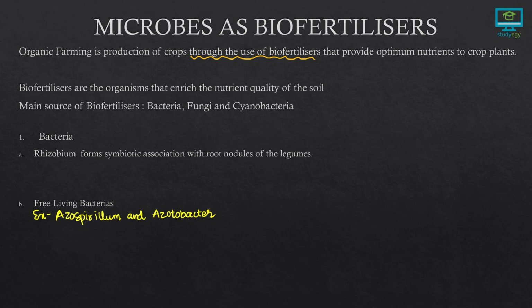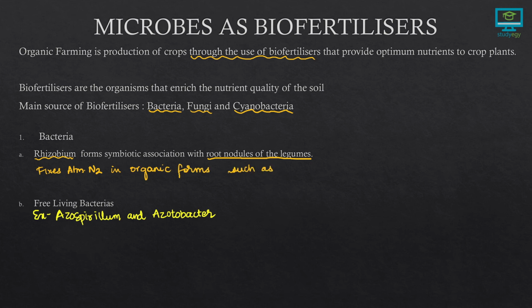The main sources of biofertilizers are bacteria, fungi and cyanobacteria. Coming to bacteria, Rhizobium forms a symbiotic association with the root nodules of the legumes and fixes atmospheric nitrogen in organic forms such as ammonia, that is NH3, nitrites and nitrates.